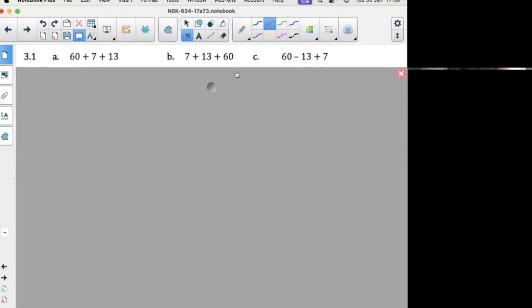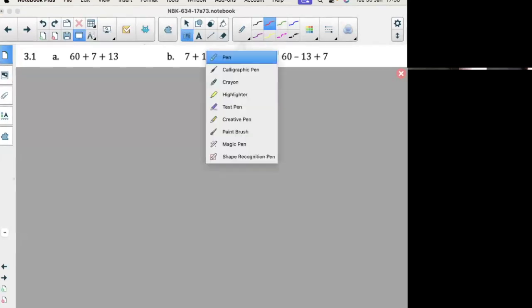We've got to read them carefully. It says to us, 3.1: A, we've got 60 plus 7 plus 13. B, we have 7 plus 13 plus 60. And C, we have 60 minus 13 plus 7.